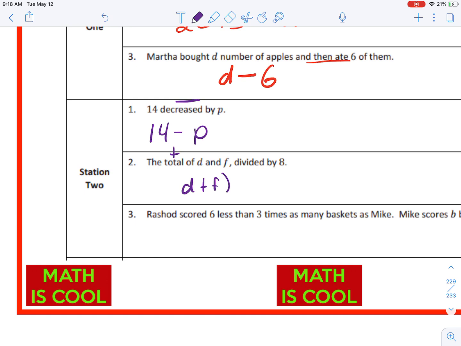You know, when we have to do something first, we have to put that in parentheses. So we're putting D plus F in parentheses. Then we're going to divide by 8. Okay, if we wanted to do it as a fraction, we could write this as D plus F over 8.